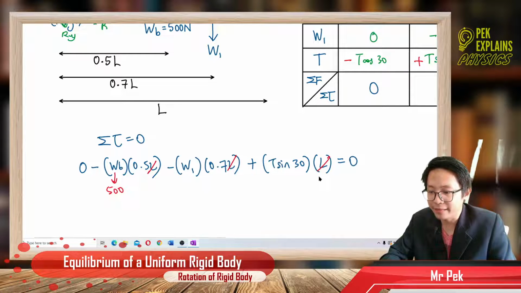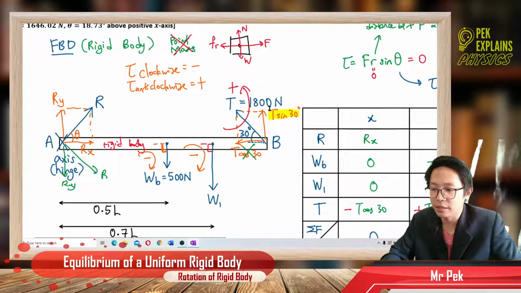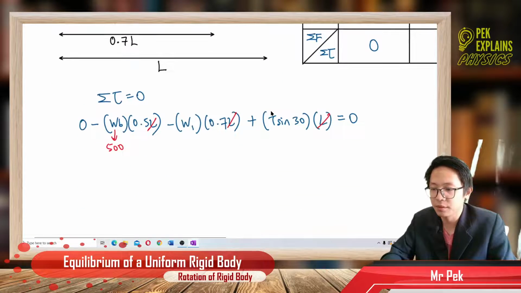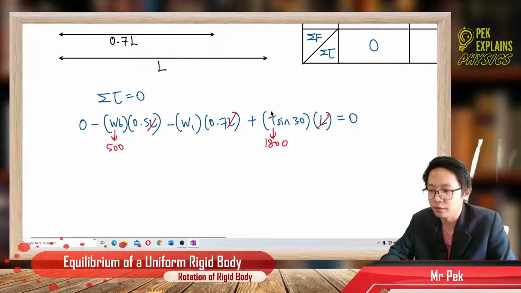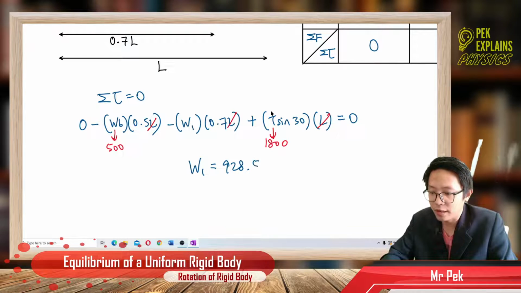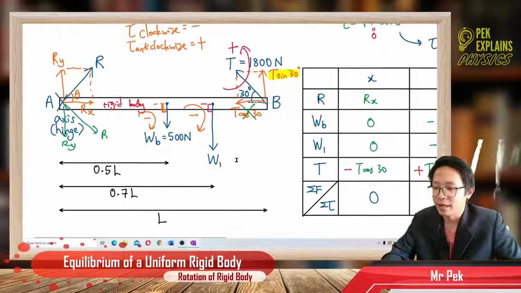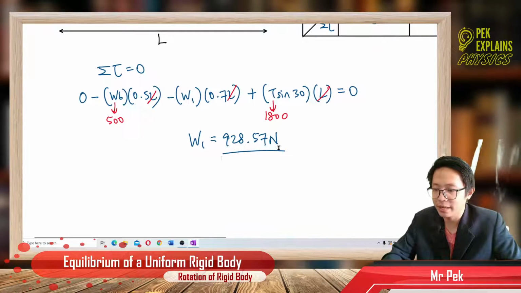Tension is 1800 Newton, so you substitute it yourself. You will get the final answer of W1, which is 928.57 Newton.